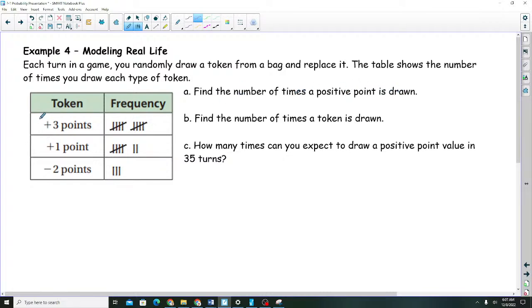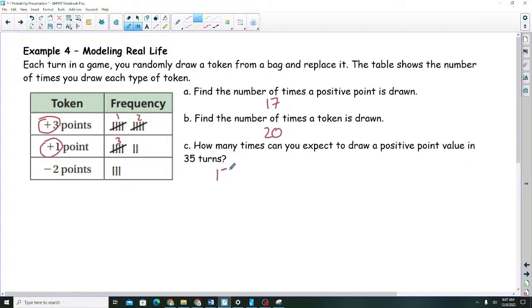Positive points are both 3 and 1. So we have 1, 2, 3, so that's 15, plus 2 is 17. So a positive point is drawn 17 times. Find the number of times a token is drawn altogether. So 17, then 18, 19, 20. So how many times can you expect to draw a positive point value in 35 turns?